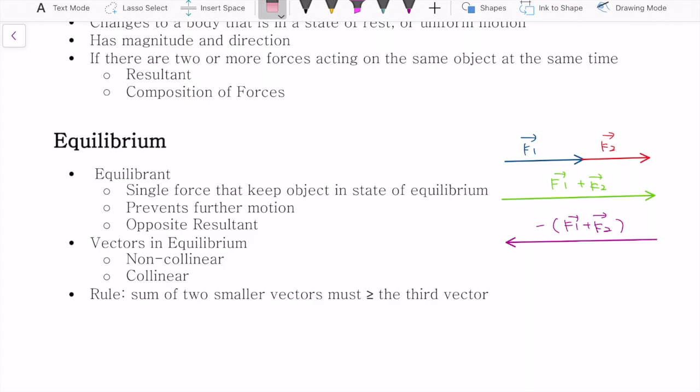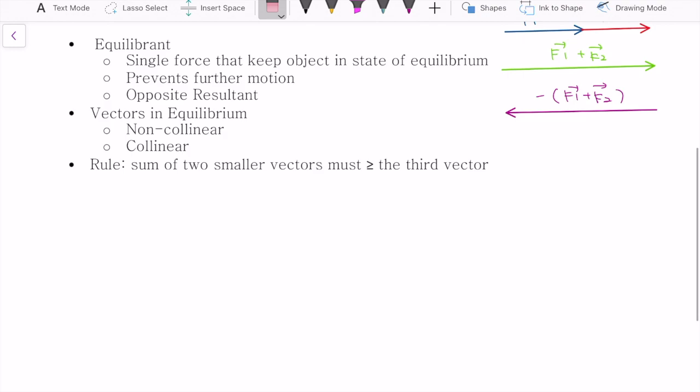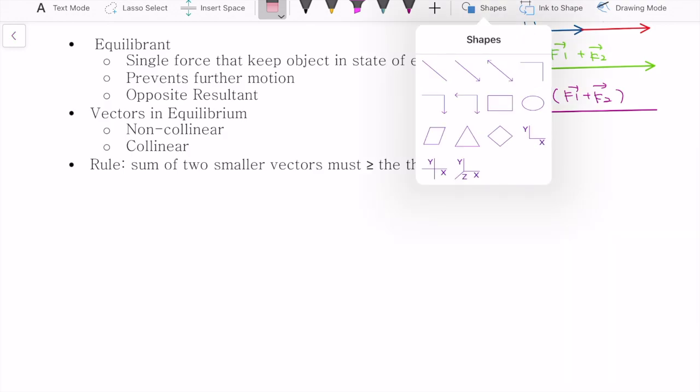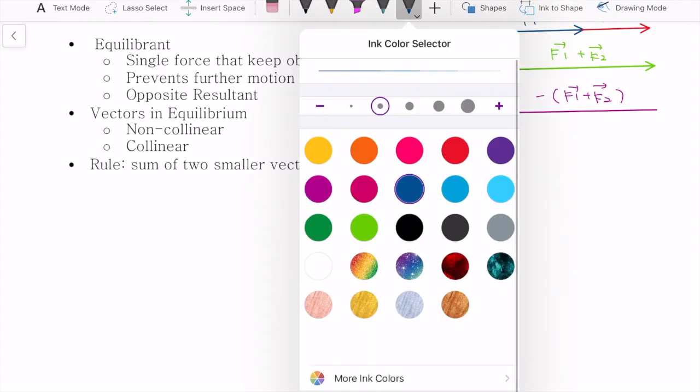So vectors in equilibrium can come in two forms. The first one is non-collinear. And a non-collinear vector in equilibrium would look something like this.